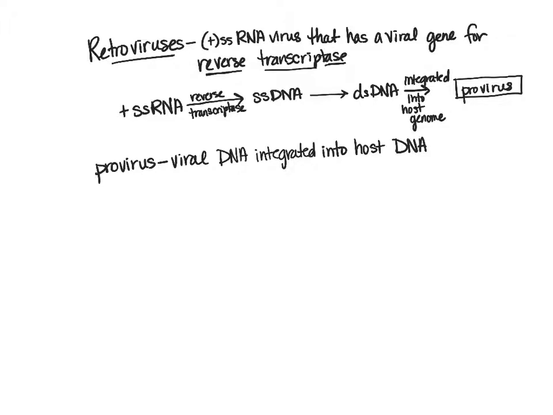Remember, a prophage is a phage that has integrated its genome into the host chromosome. In this case, the provirus is a eukaryotic virus that has integrated its genome into the host genome or the host DNA. Unlike a prophage, though, proviruses do not undergo excision.